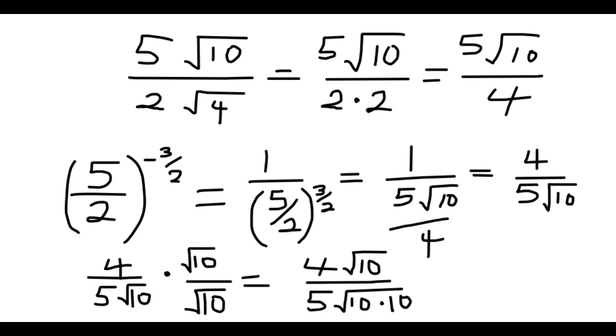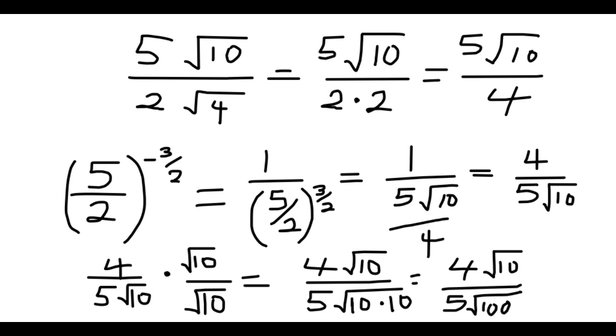So this can be written as 4 square root of 10 over 5 square root of 100, because 10 multiplied by 10 will give us 100.